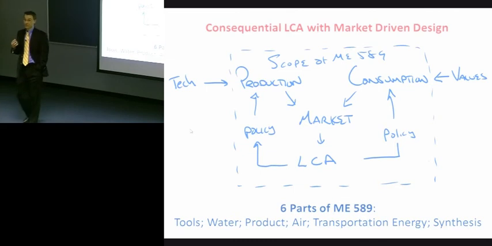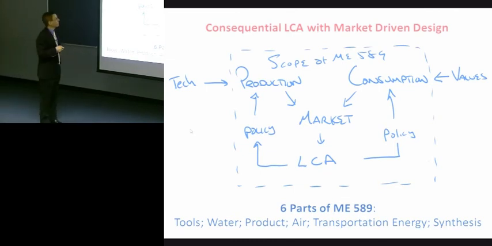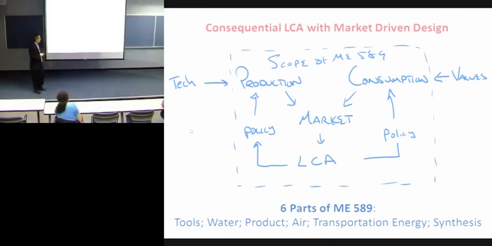There'll be a case later in the term where we're looking at an airshed example, where we're not looking as much at production, but we're thinking about consumption, we're thinking about the market, policy, and a little bit of LCA there too. So we'll be looking at elements of this system.